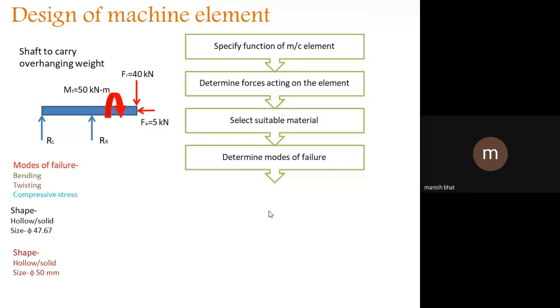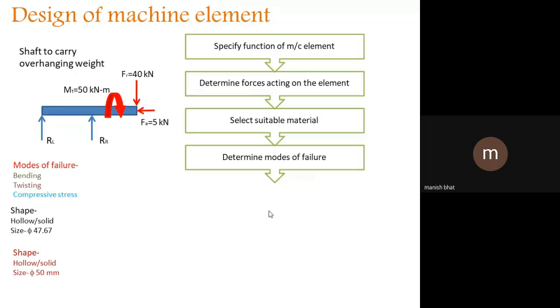I have listed some modes of failure here. This is not an exhaustive list. I have given some examples of a mode of failure, like bending. Any machine element can fail due to bending.